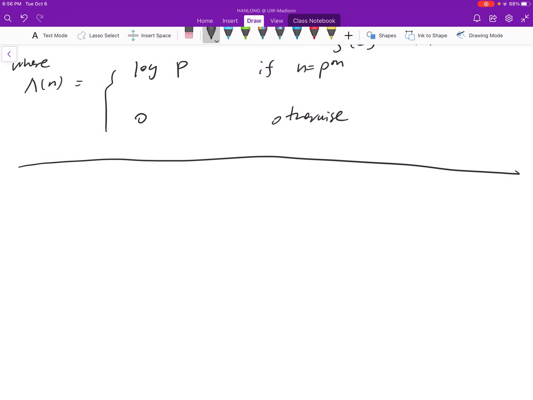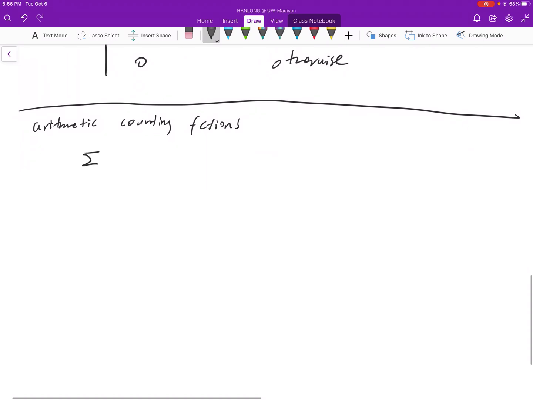And there are some other arithmetic counting functions. So for example, in the proof, you will study this kind of thing.